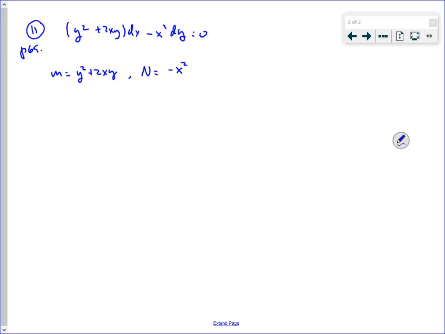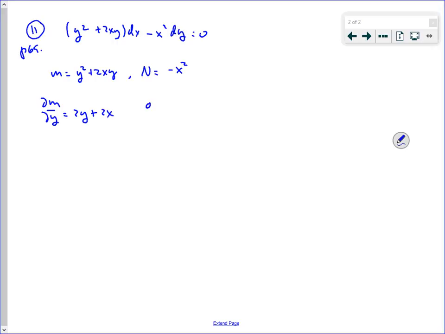We need to take the partials of these things, so the partial of M with respect to y. So look at this expression, and x is a constant just like 2 is, as far as we're concerned. So it's going to be 2y, and then 2xy, well, 2x is just the coefficient of y, so plus 2x.